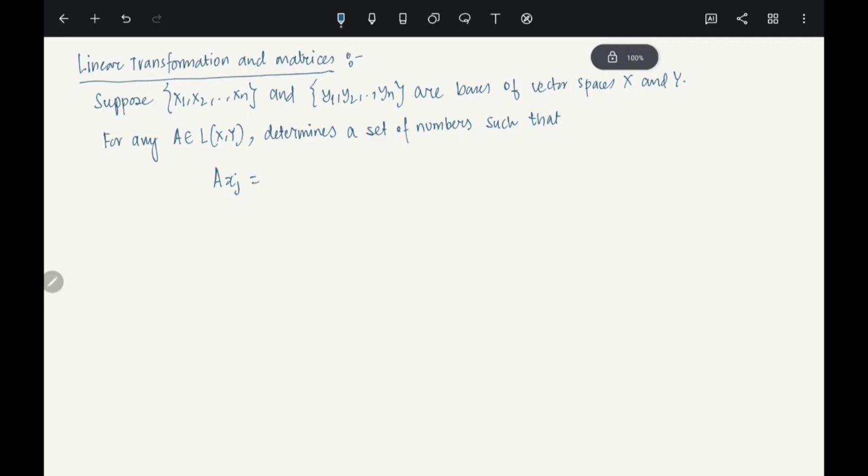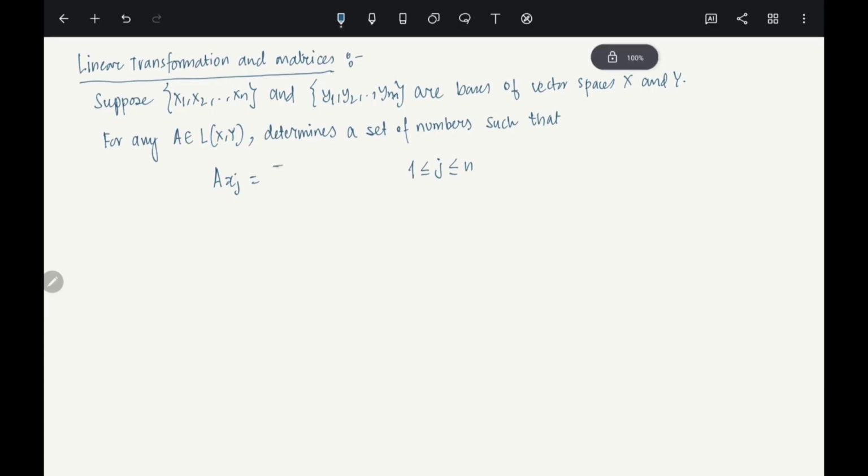Fix a j, say 1 less than or equal to j less than or equal to n. Then A of xj is an element of Y.